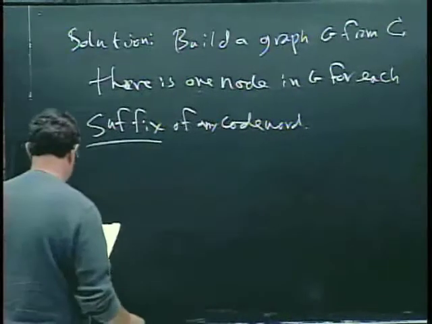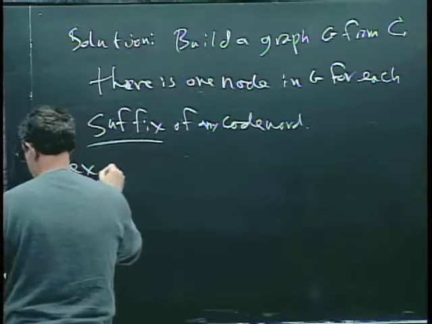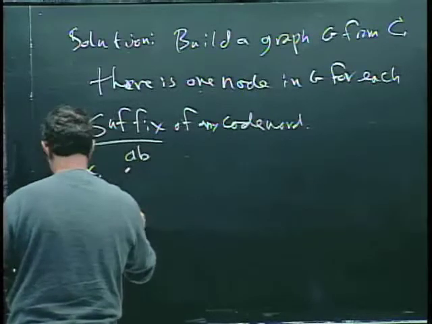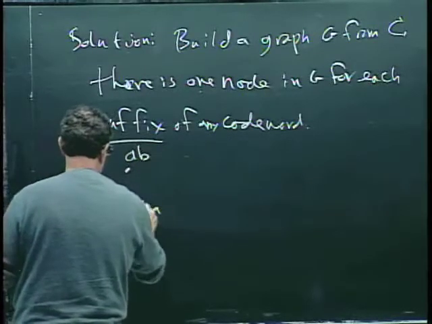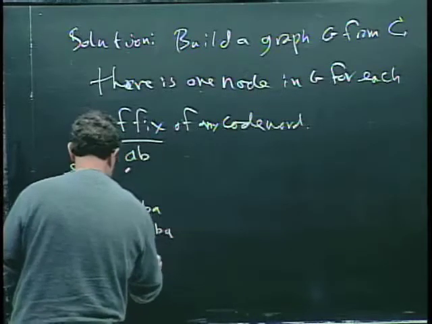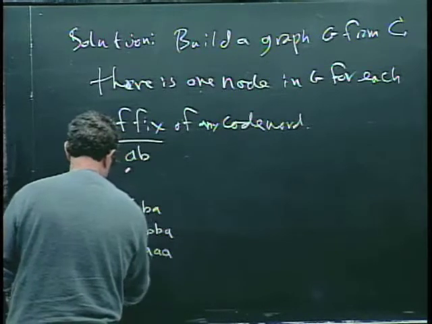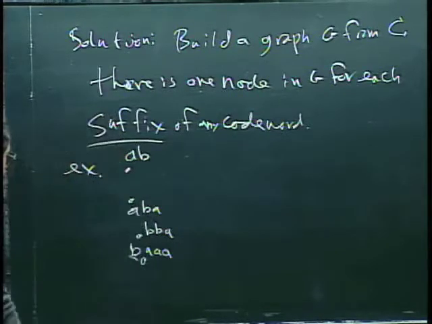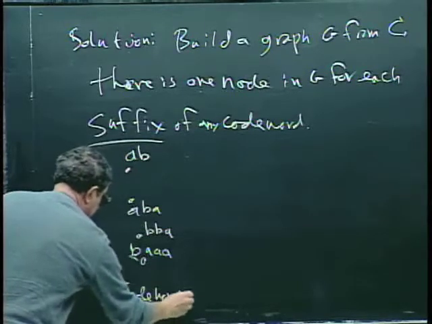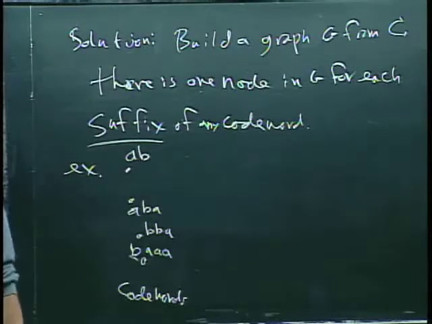Okay, so for example, let's say these are the code words: ABA, BBA, BAAA. Okay, let's take that as the code. So these are the code words. So these are the trivial suffixes because they consist of the code words themselves.